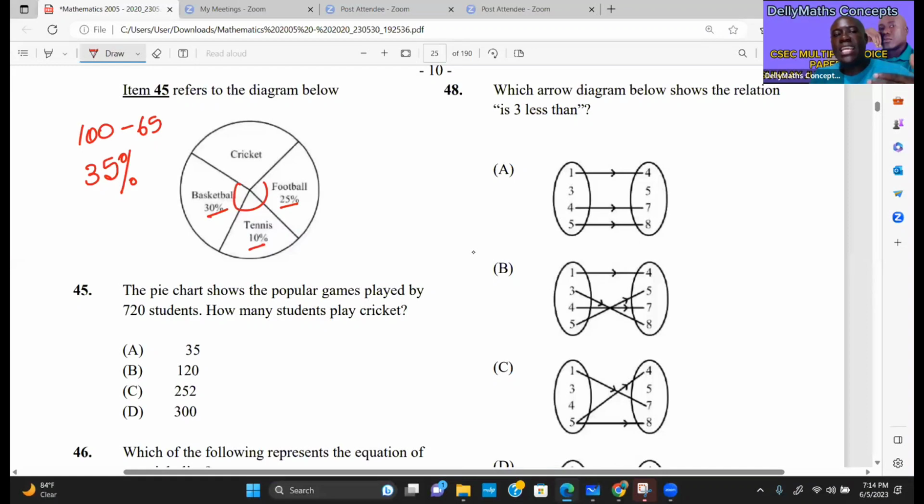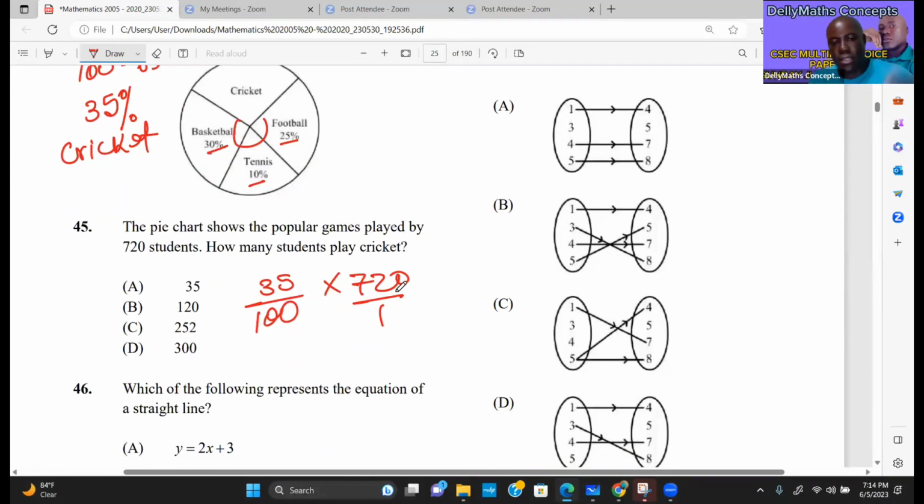So then I need to find 35 over 100 of 720. You work this out and you get the answer. You can cancel down if you want. 2 into this goes 5, or you could go 5. 2 into this goes 36. 5 into this is 1, 5 into this is 7.